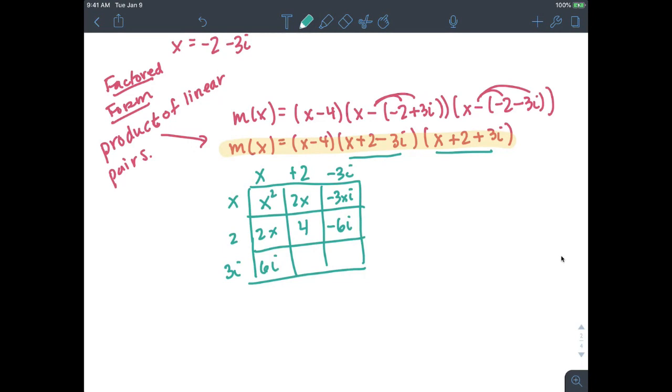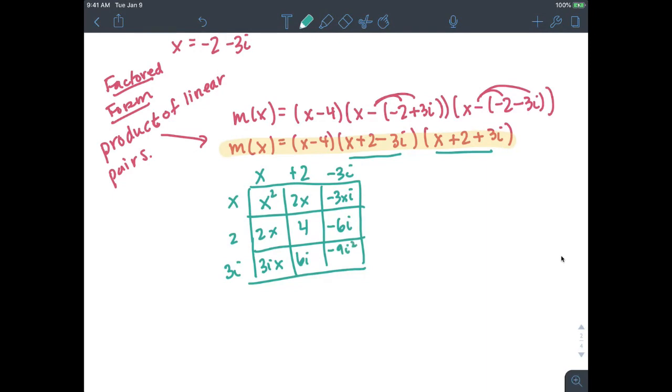Excuse me, x times 3i is 3ix, and then 2 times 3i is 6i, and then I get negative 9i squared.